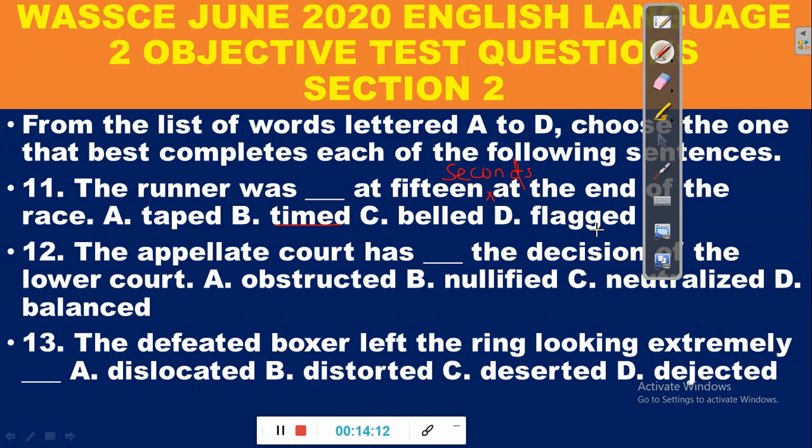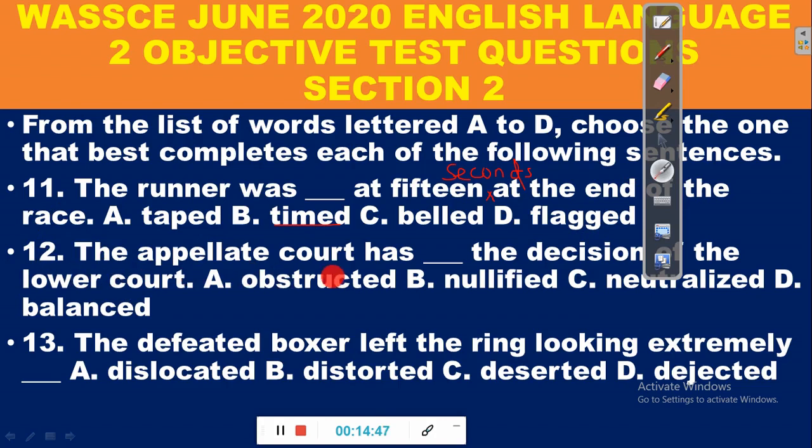The second meaning is to mark or identify something of importance, maybe in a book or an article. But that doesn't really fit in here. So the appropriate option is timed, that is option B.